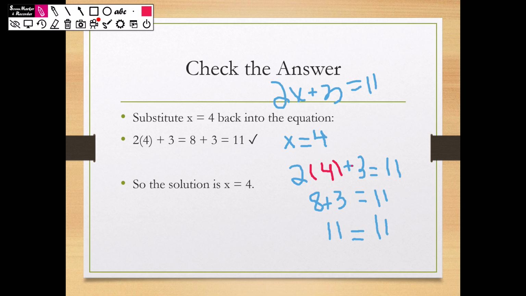So we substituted the solution that we got in the main equation, and we got a true statement. So we concluded that the answer we got is actually correct. Yes, the solution is indeed x equal to 4.